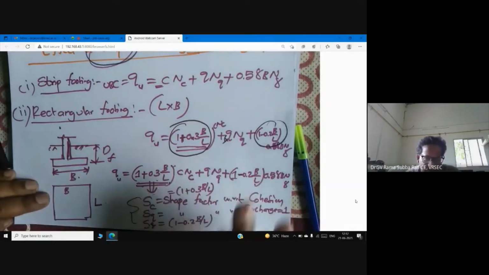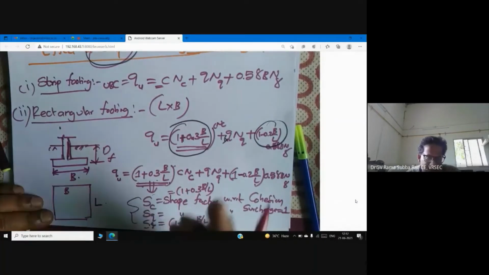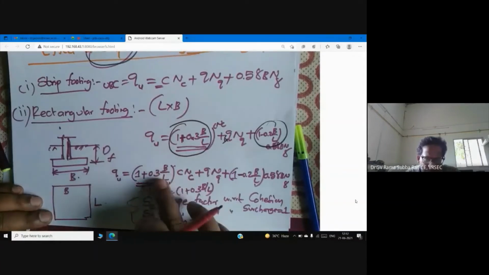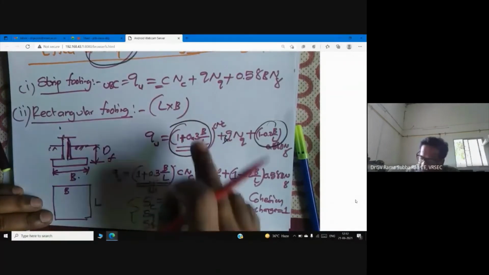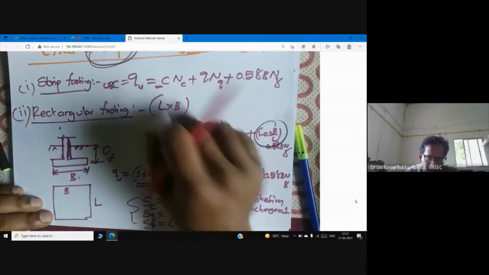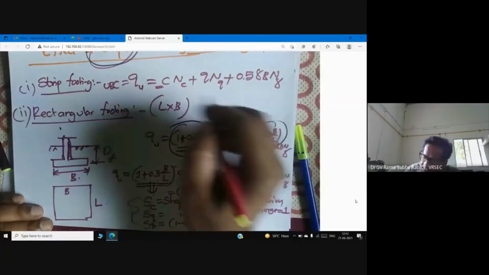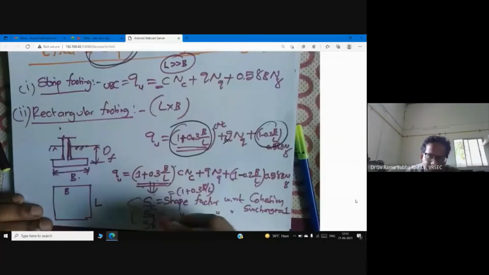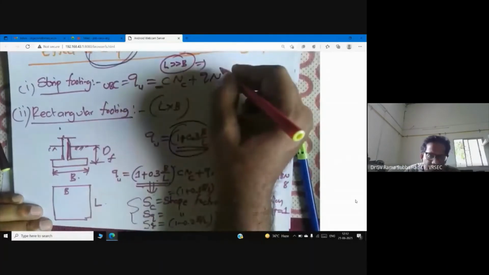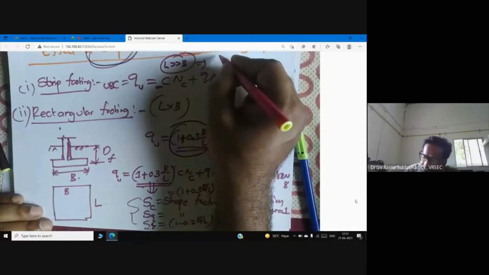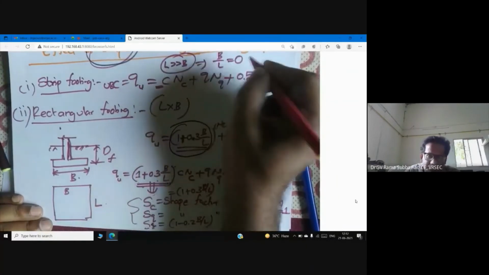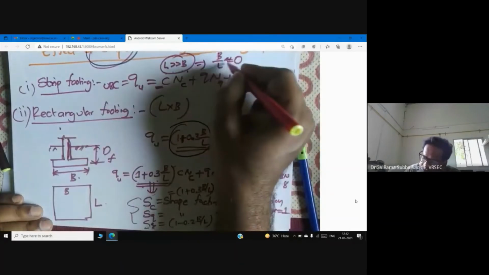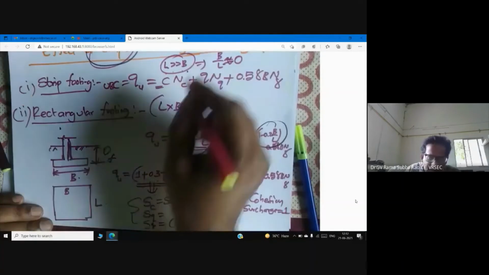Now you suddenly can ask me one question. Sir, you told us rectangular footing, so why are we not able to see this 1 plus 0.3 B by L in strip footing? Strictly speaking, what do you mean by strip footing? Length is much greater than width. So B by L is going to be approximately 0.